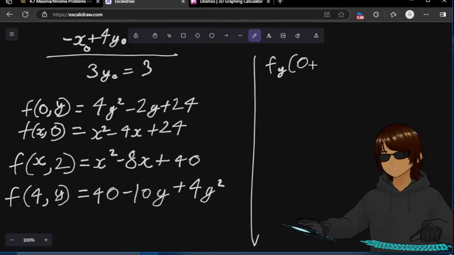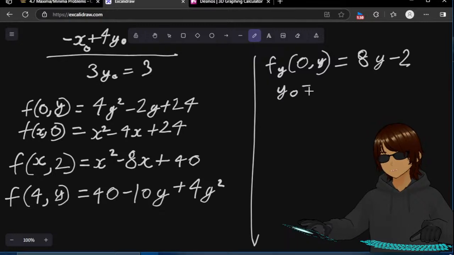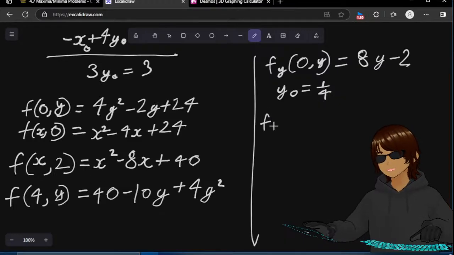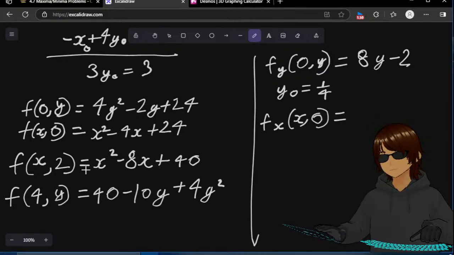So with respect to y, critical point, this would be minus 2, and then y naught here would be 1 over 4, and we have x, 2x minus 4.